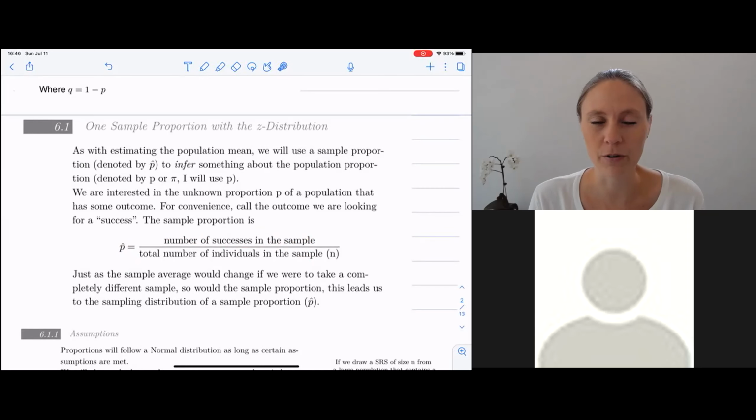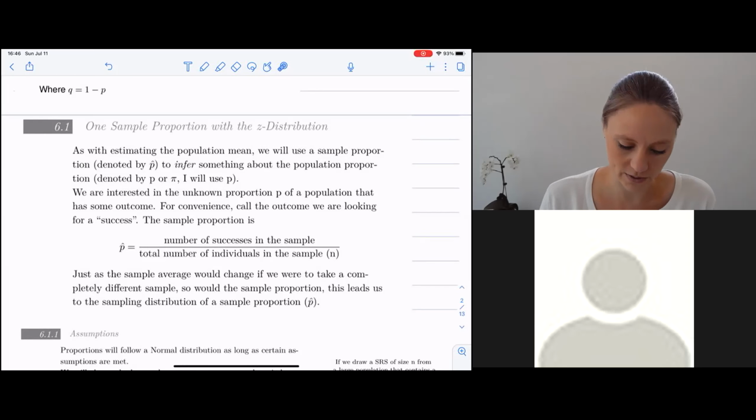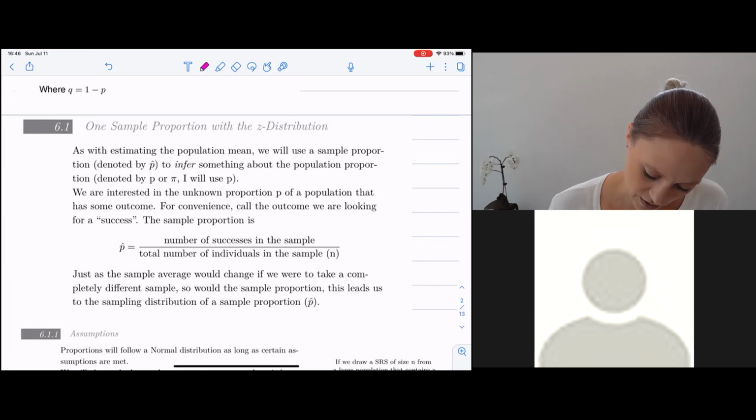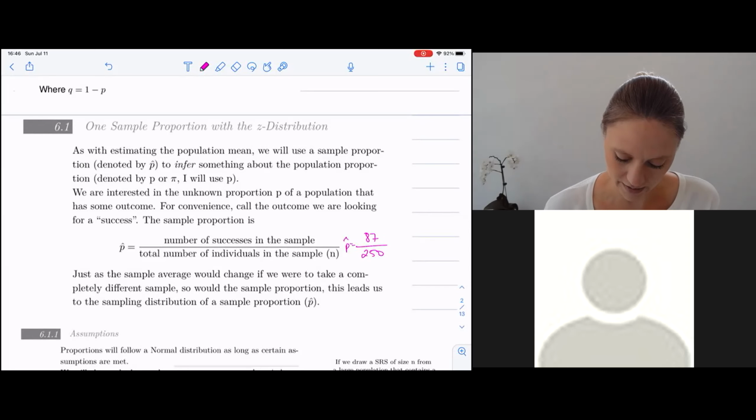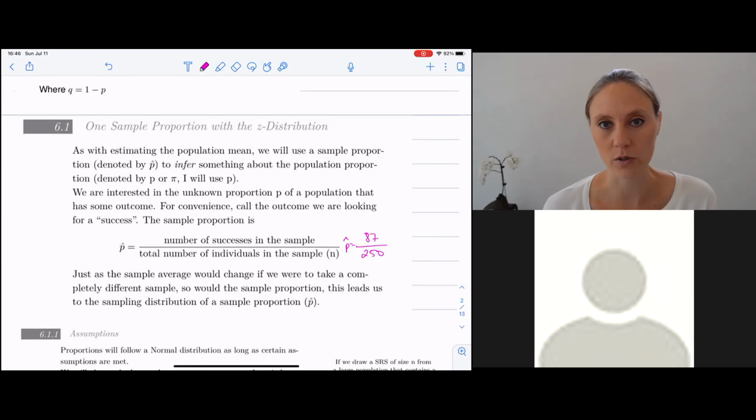The question might say something like, 87 out of 250 doctors said this, right? So what's your number of successes? Well, it's 87 out of 250, and that would be your p hat. Then you could convert that to a decimal. So that would be your sample proportion.